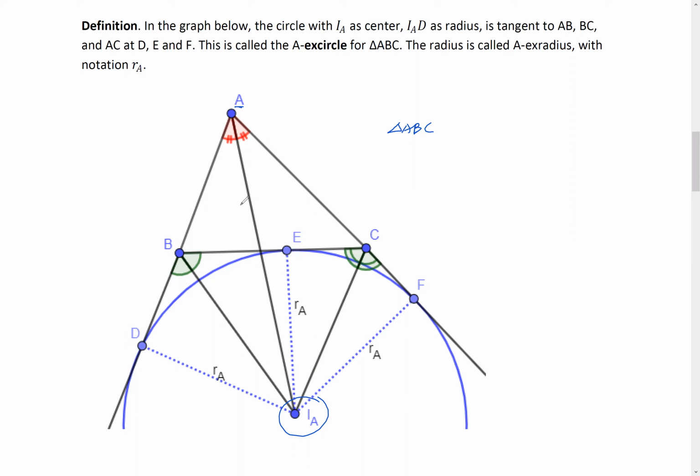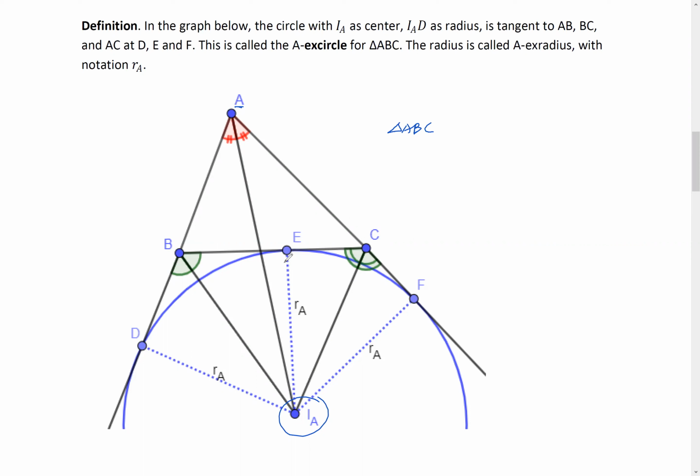The one that's facing vertex A, exteriorly bisecting angle B and C. So this circle right here is called the excircle, right? It's tangent to AB, AC, and BC. It's tangent to the three sides of the triangle, right? Very interesting, okay? Tangent to the three lines, but tangent to AB on the extension, tangent to AC on its extension, tangent on BC in the middle right here, right?